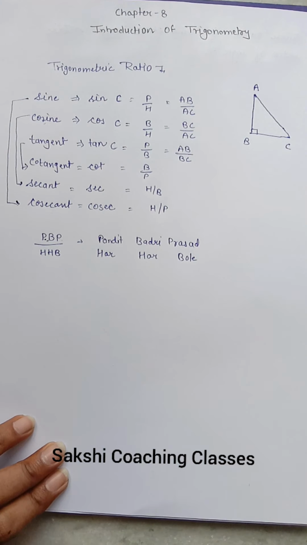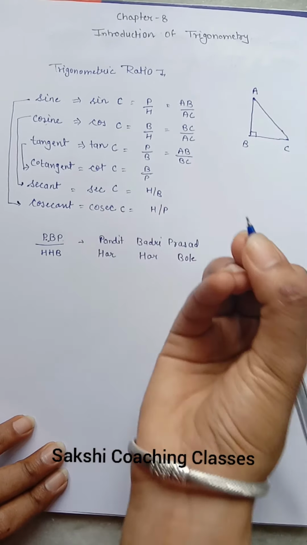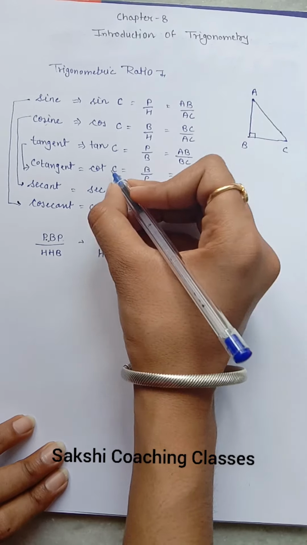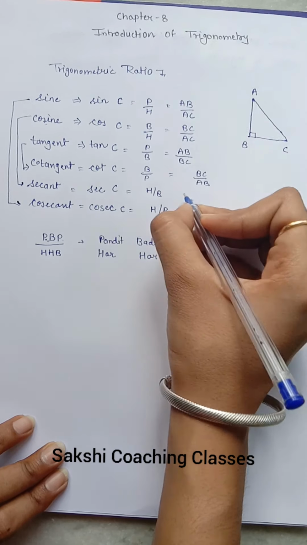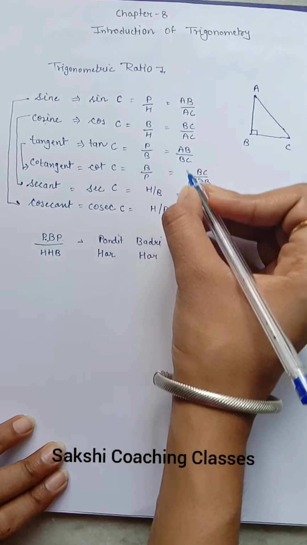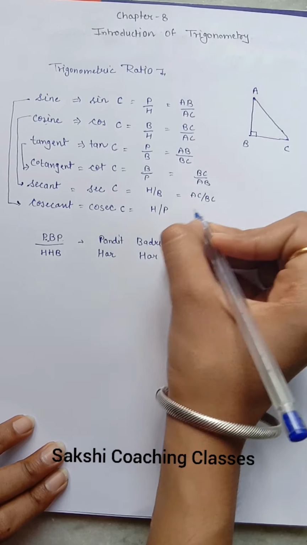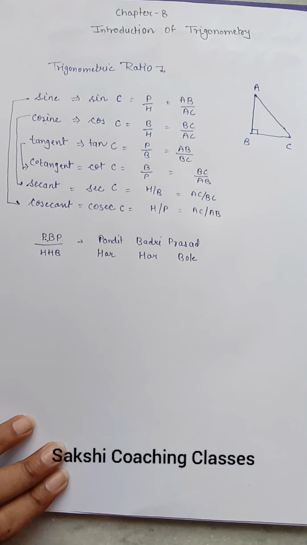And in this way you can find the remaining three trigonometric ratios, which are reciprocals. Cot is the reciprocal of tan, so BC upon AB. Sec is the reciprocal of cos, so it will be AC upon BC, and cosec will be AC upon AB. Okay, fine.